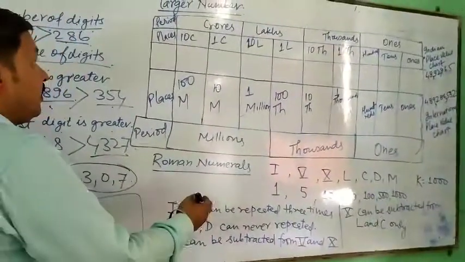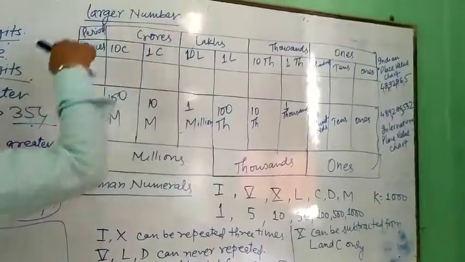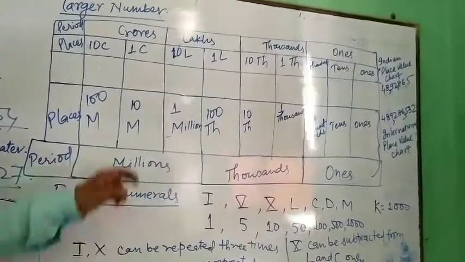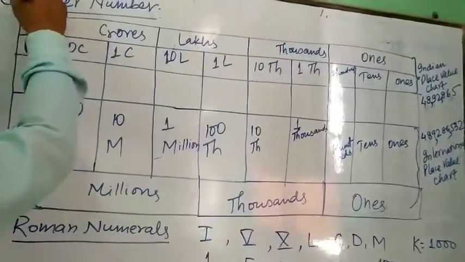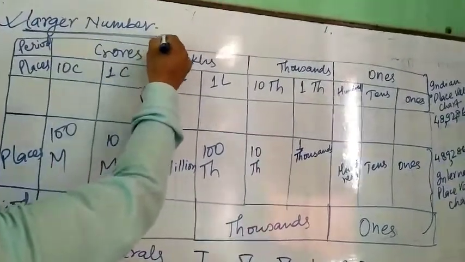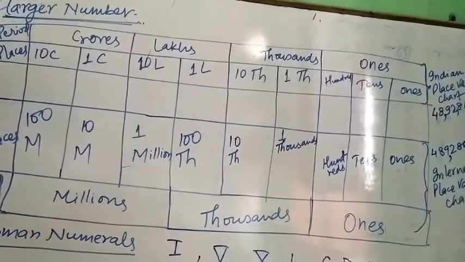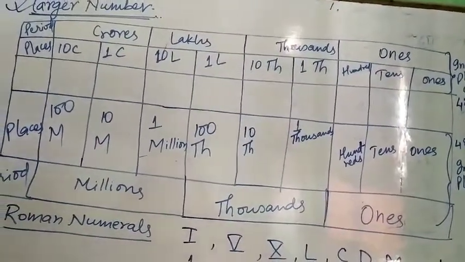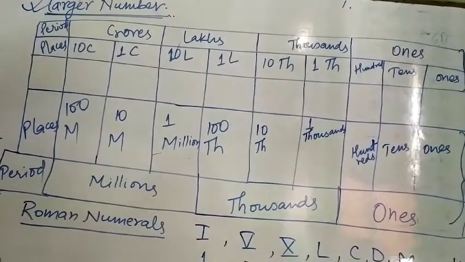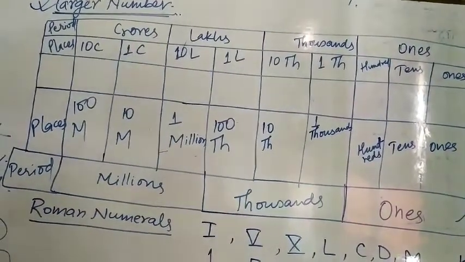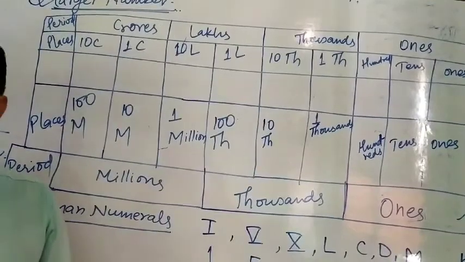Now we can explain about the larger number. In the larger numbers, we should learn about the Indian place value chart and the international place value chart.